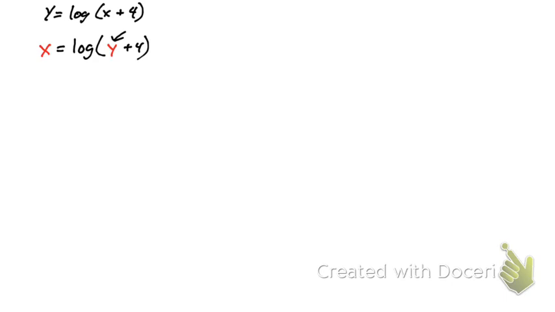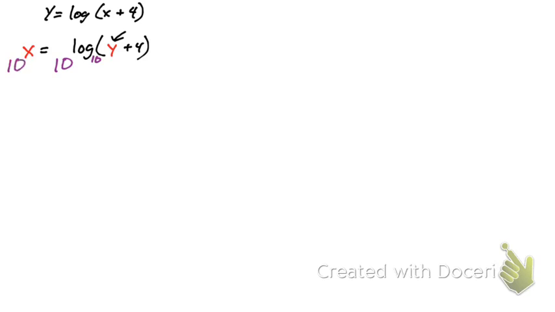I need to get that y out. The only way to get that y out is to get rid of that log. And just a reminder, if there is no base here, it is automatically base 10. To get rid of log base 10, we are going to have an exponent base 10, which means I need an exponent base 10 on this side.